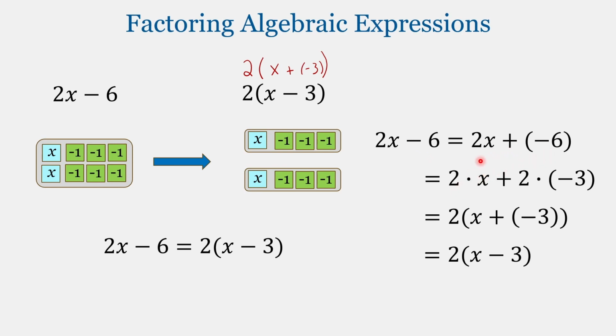We can then factor each term. 2x is 2 times x, and then negative 6 is 2 times negative 3. I intentionally wrote this as 2 times negative 3. It can also be written as 3 times negative 2. But because I already had that factor 2, I knew that that was going to be a common factor.